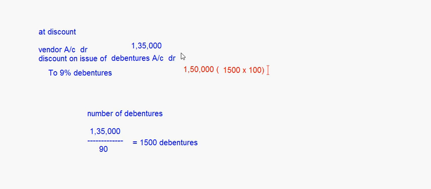The whole value. And here we will have discount on issue of debentures. See how many debentures are there? 1,500, right? The discount will be equal to 1,500 into 10 rupees, which is 15,000 rupees. So here we will have this one, 15,000, and here we had 1,35,000.